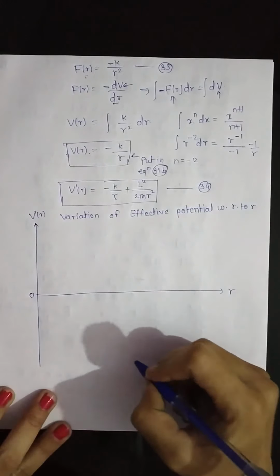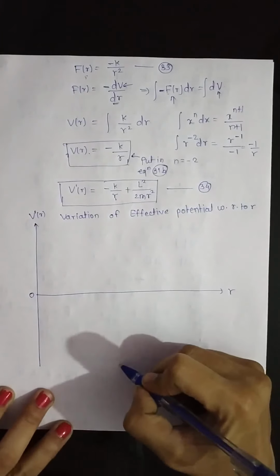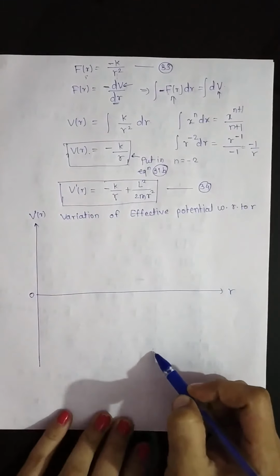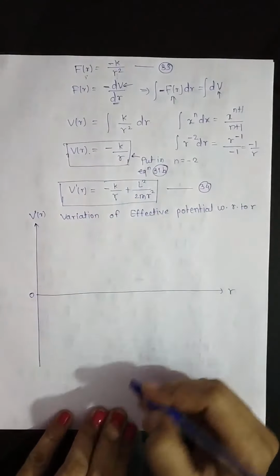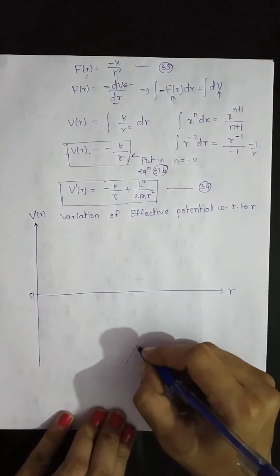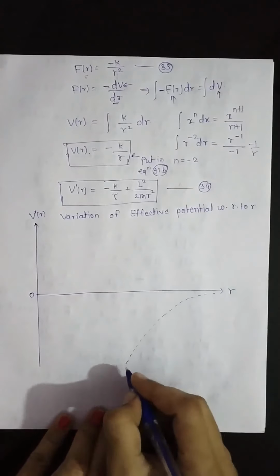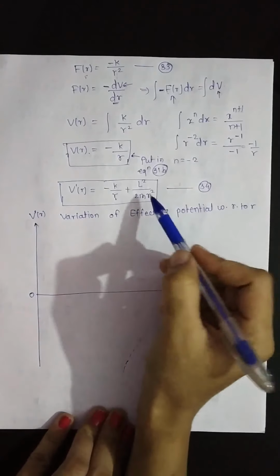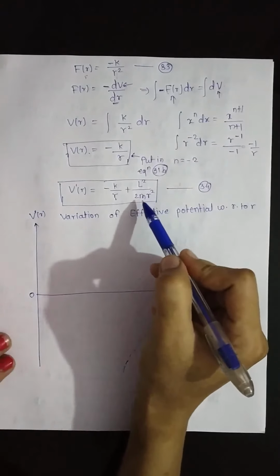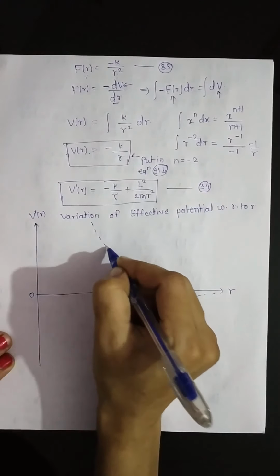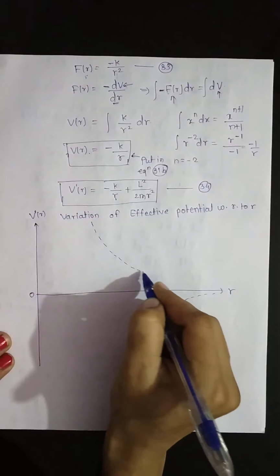Since it has a negative sign, it will be in this quadrant, and its nature will be like this. Okay, and the second term is L square upon twice m r square, so that term will have nature in this way.